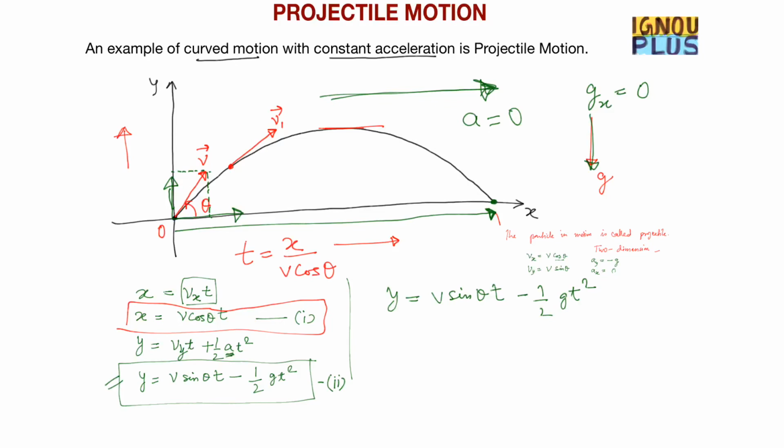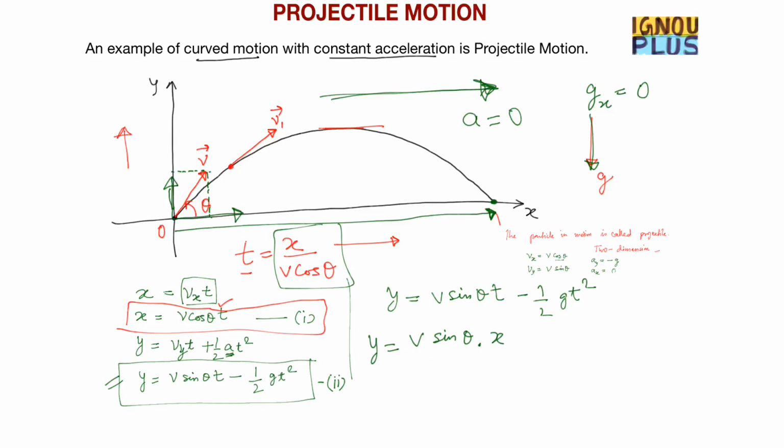We are taking t one side and transferring everything on the other side. Now the value of t can be put in our equation. Then y will become y is equal to v sin theta t, and in place of t we will put the value of t, which is x by v cos theta.